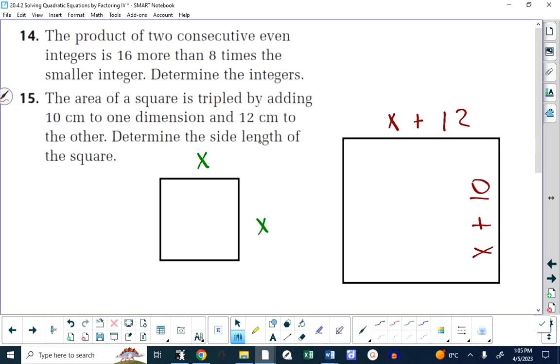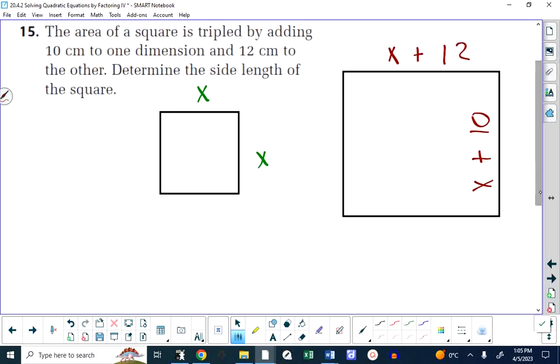Does that make sense? And the area of the large rectangle is 3 times the area of the other one. Well, the area of this is x squared. The area of this is x plus 12 times x plus 10.